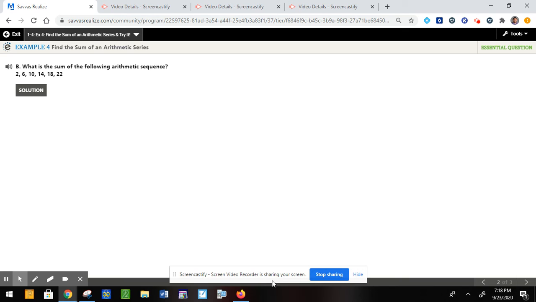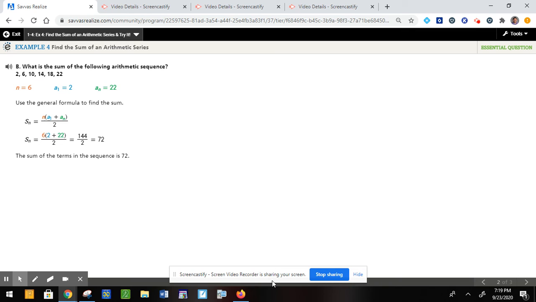So essentially, you're going to multiply 24 by 3, and you will get 72. Let's see if I was right. Okay, so using the formula, you take the first term, which is 2, the last term, which is 22, multiply it by 6, which is the number of terms, and you divide it all by 2, and you get 72.